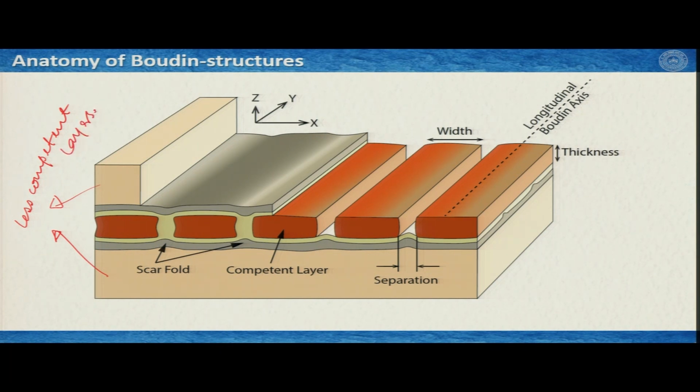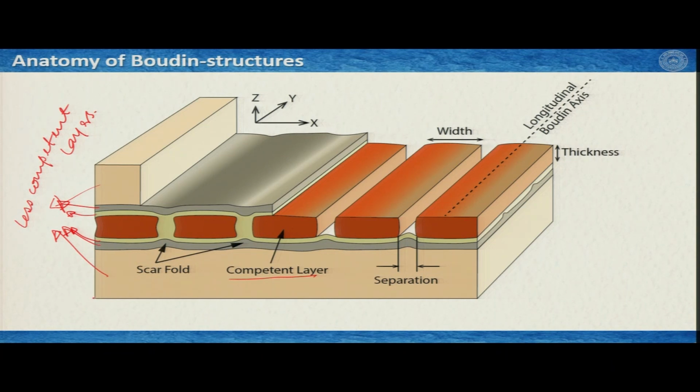And also these gray and then yellow layers and so on. And then this darker layer, this brown layer, is actually your competent layer. We will see soon how it formed, but this is how it looks.